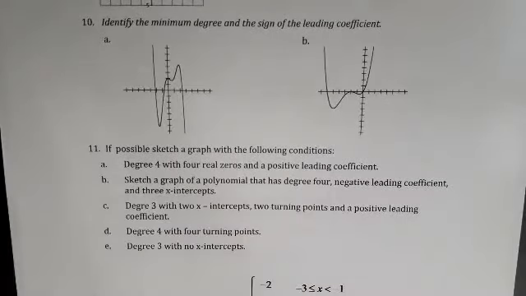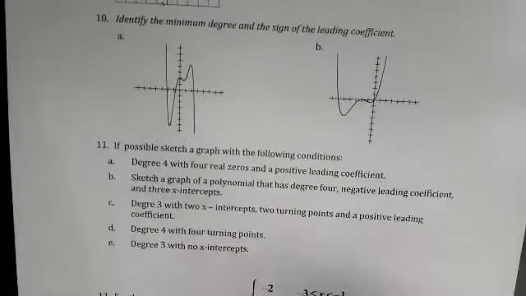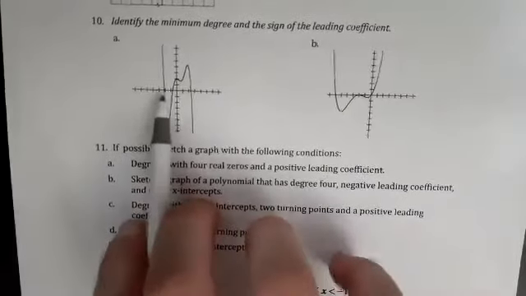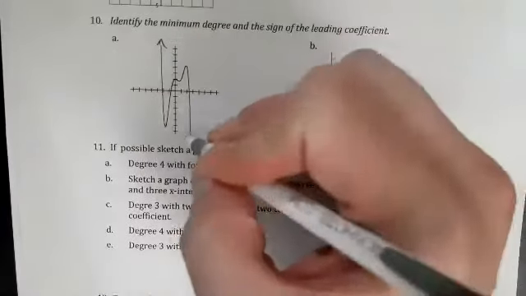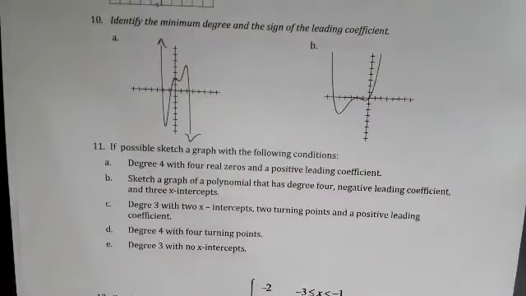Okay, so identify the minimum degree and the sign of the leading coefficient. So what do we notice about this thing? Let's do the sign of the leading coefficient. We're just going off of that.